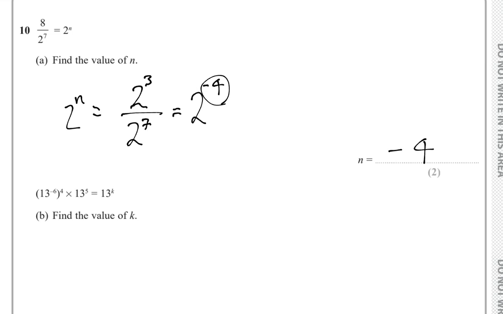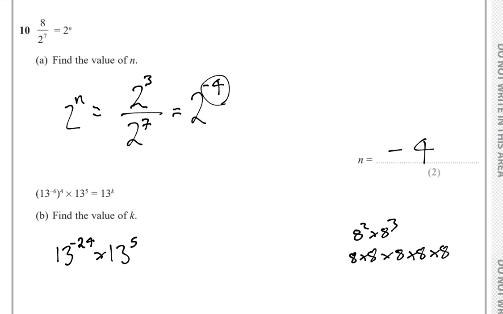Okay, and then with the next one, we've got 13 to the minus 6, so we've got 13. We multiply those powers, so it's that many lots of it, so it's 24 times 13 to the 5, and then if we're multiplying, we add the powers. So the very basic example is you've got 8 squared times 8 cubed. That would be 8 times 8 times 8 times 8 times 8.